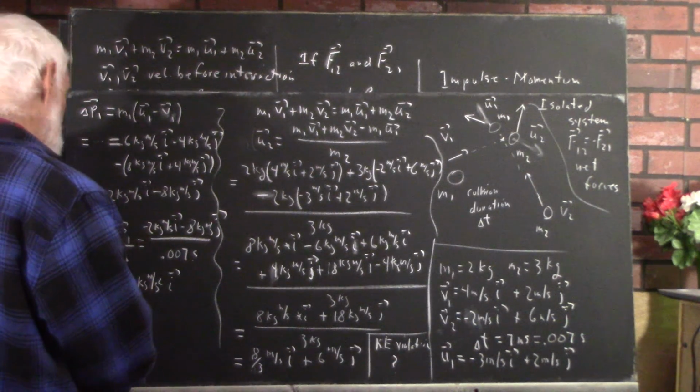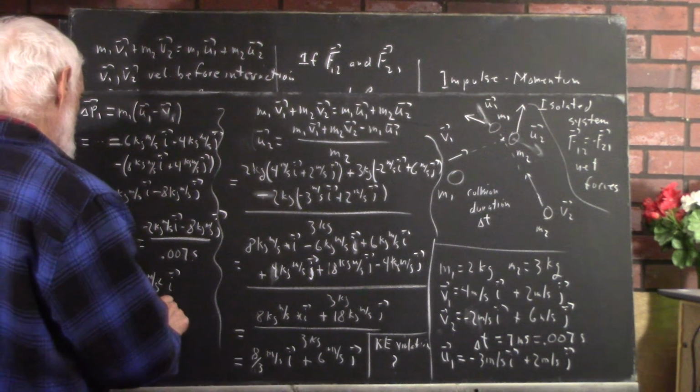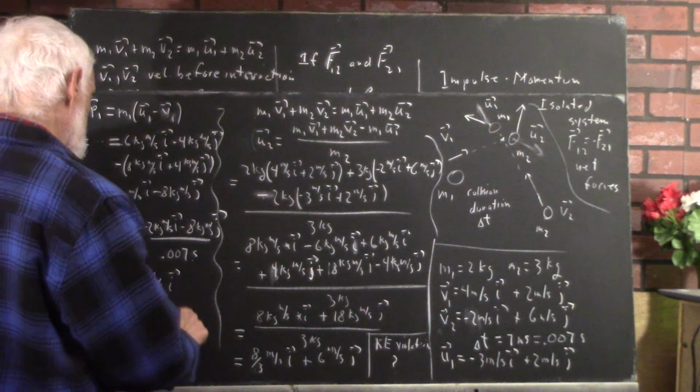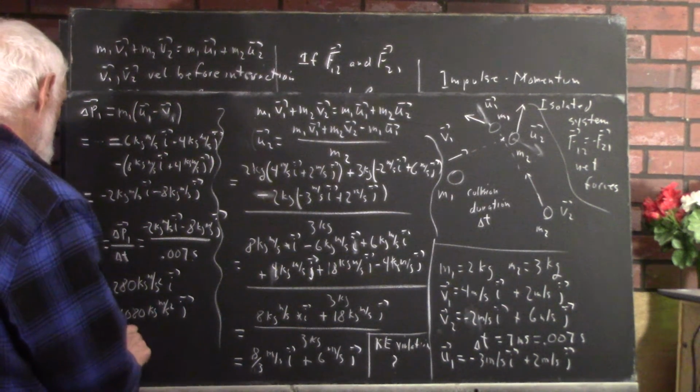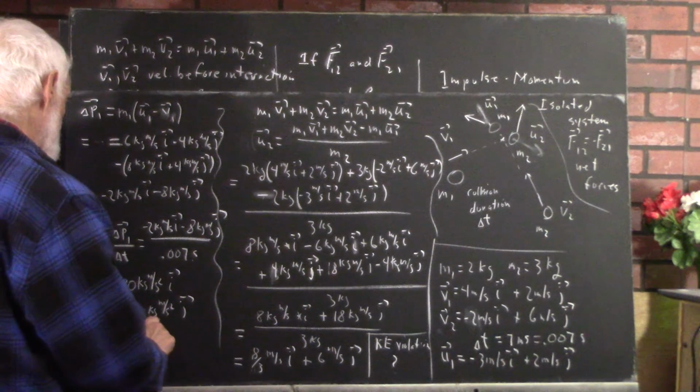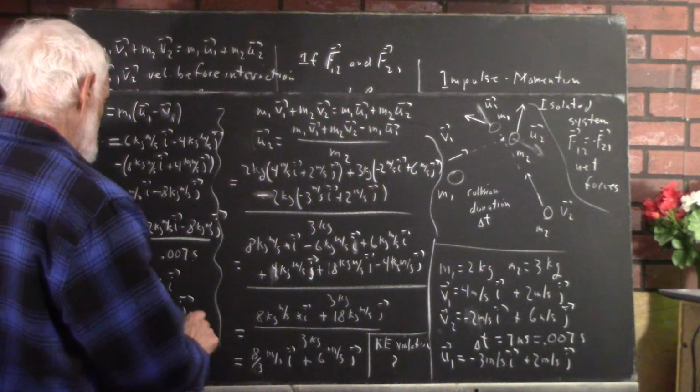Minus 1,080 kilogram meters per second squared times J, which is then, of course, negative 280 newtons times I minus 1,080 newtons times J.